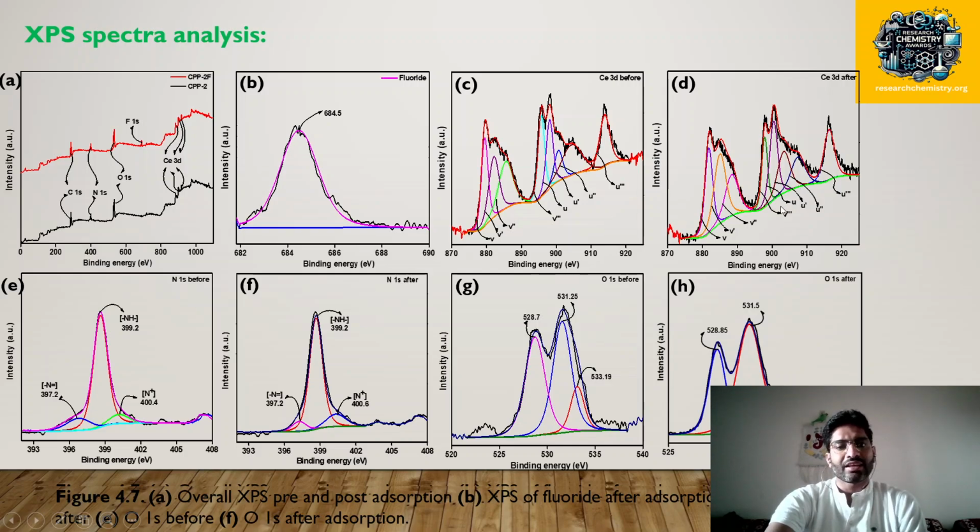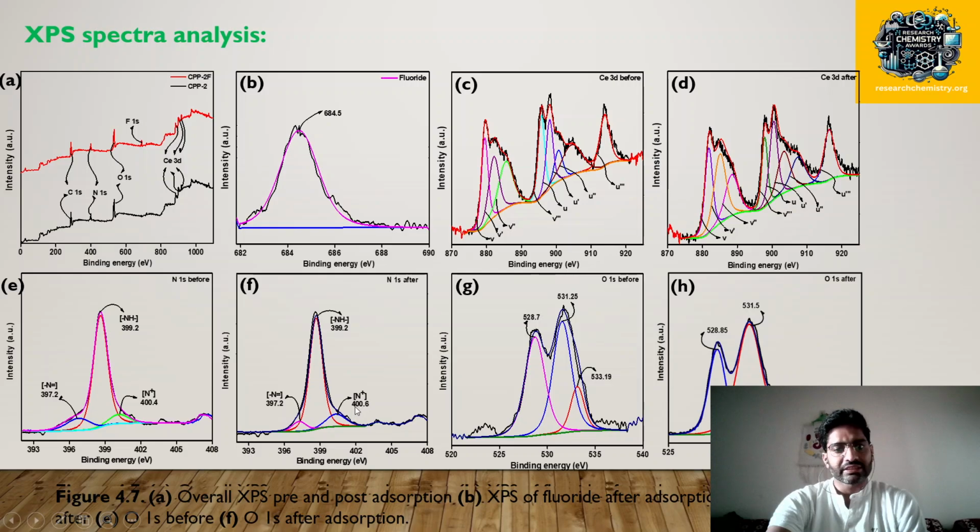A slight shift in the binding energies has been observed, which is discussed here, starting with nitrogen. Previously, the nitrogen binding energy was found to be 400.4 electron volt, but after absorption we could observe a slight shift to a higher energy.